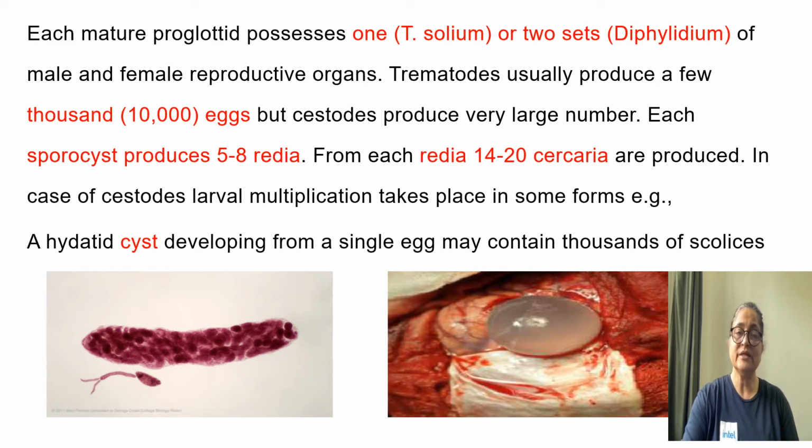Simply, if you take the example of Fasciola hepatica, the sporocyst doesn't have any locomotory organs. One sporocyst can release out 5 to 8 redia larvae. This is the structure of the redia larva.